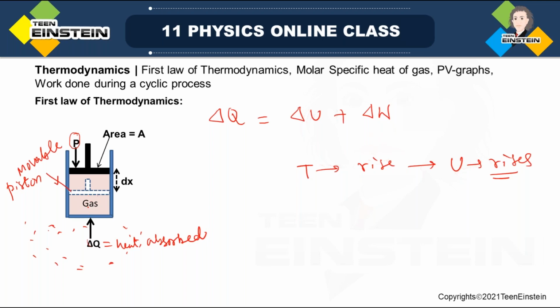Now the gas is heated, and you can notice that the piston will move up slowly, because the gas molecules gain extra kinetic energy. With that, they will hit the piston, so there will be an upthrust on this piston, which will move the piston up to here against this external pressure.